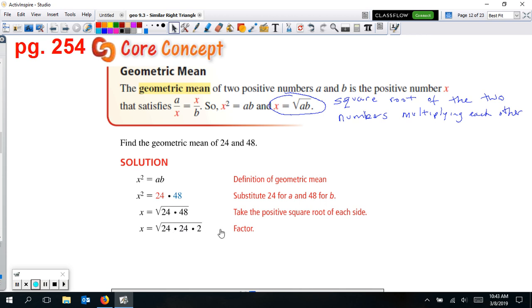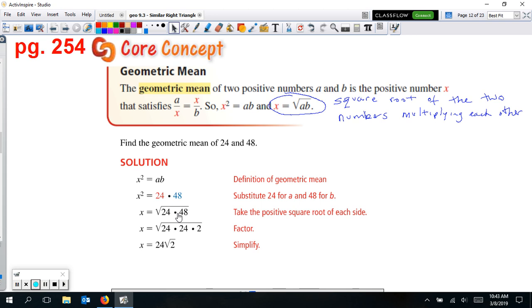So we can see we can factor that. You can see they factored 48, they broke that apart into 24 times 2. So there are two 24s in there. If there are two 24s, that's like 24 squared, and that would then come out of the radical sign. So 24 is on the outside, and the square root of 2 is still underneath. They left this one as a radical. They simplified the radical.